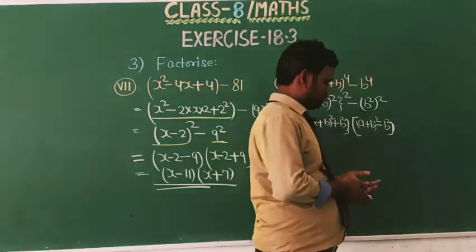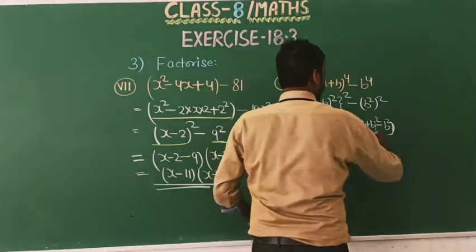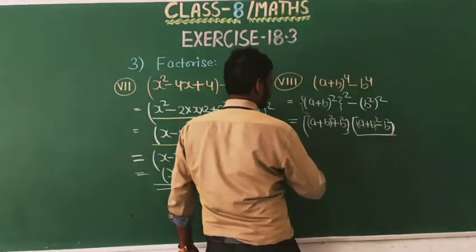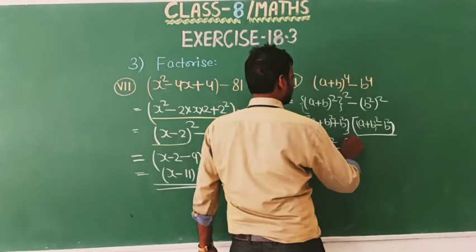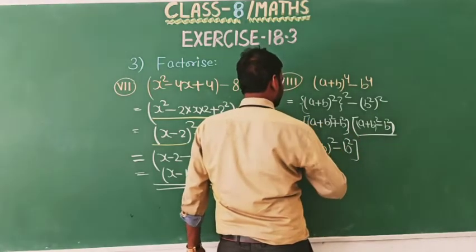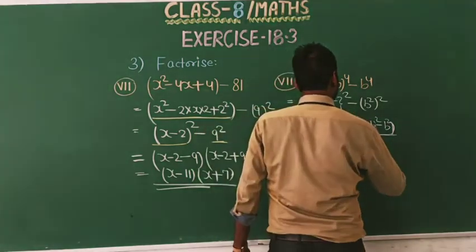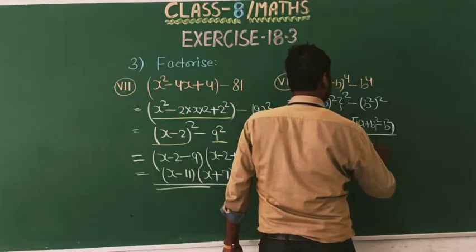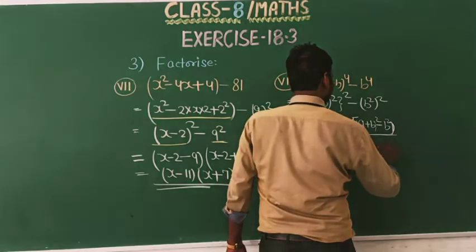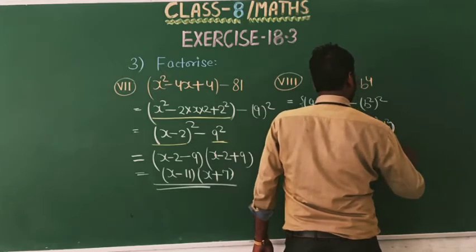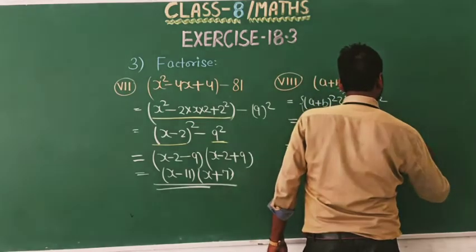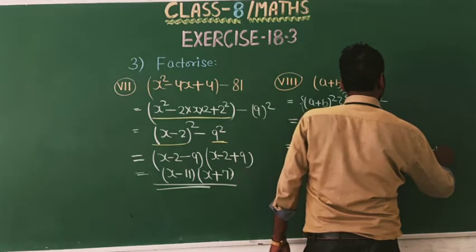Okay, so again this can be expressed as (a plus b) whole square minus b square, and this is (a plus b) in one bracket, and (a plus b minus b).